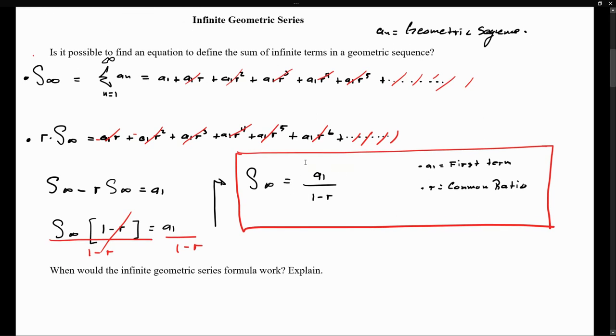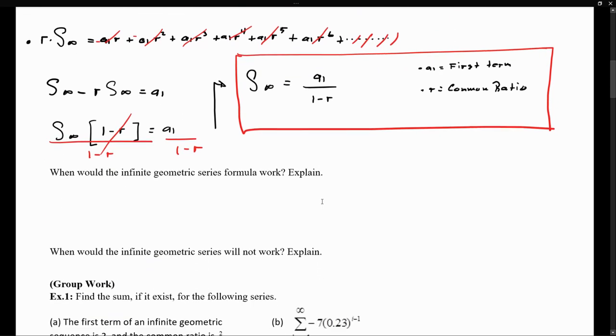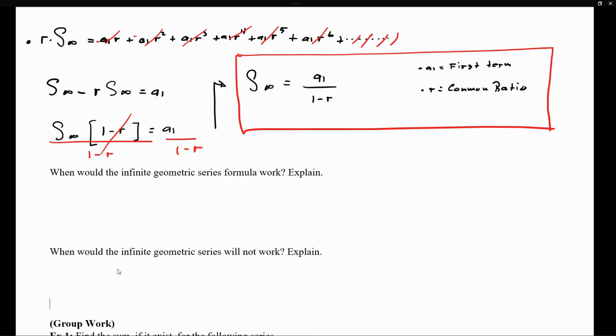So this is a very good thing to understand: the idea of adding infinite terms and the addition of infinite terms being equivalent to a single value, the first term divided by 1 minus r. Now, when will the infinite geometric sequence formula work?